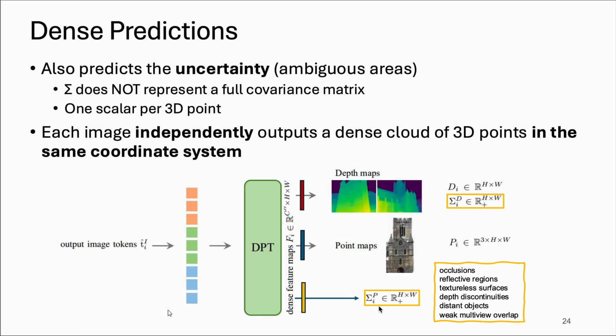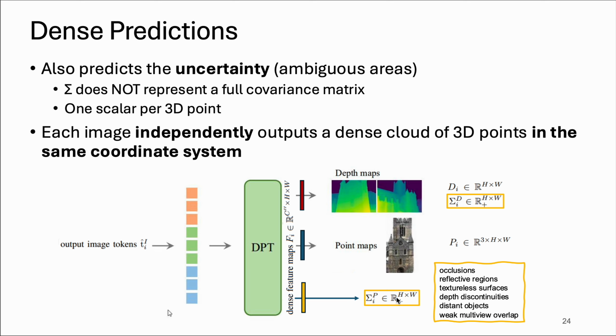Note that this uncertainty has dimension H by W. That means the uncertainty is not what we normally understand.